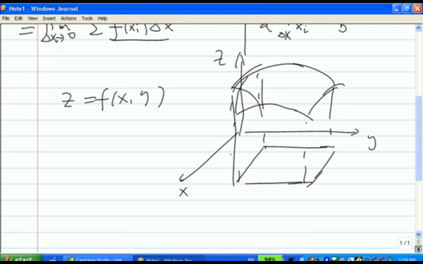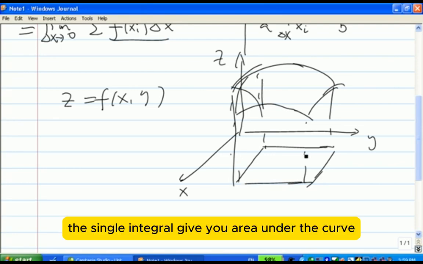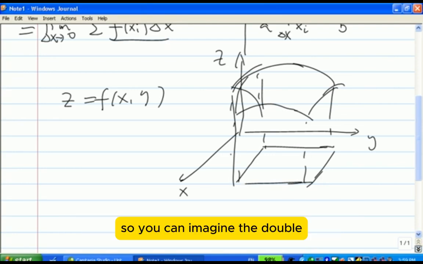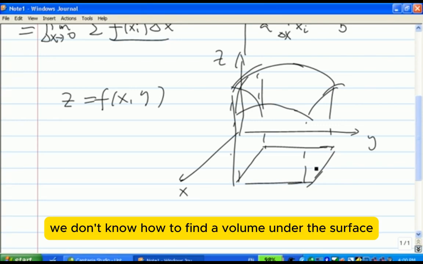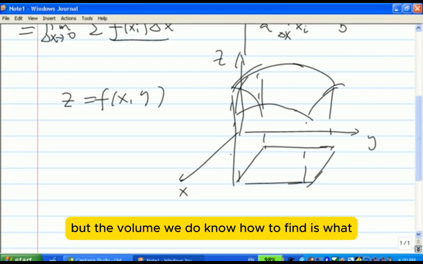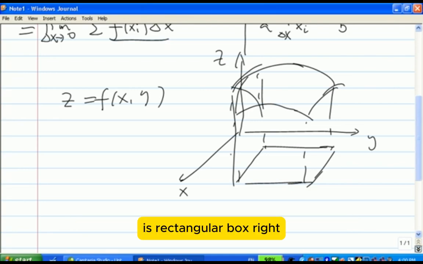Now, the single integral gives you the area under the curve. So you can imagine for the double integral, what do we want to find? The volume under this surface. How do we do that? That's a very similar question. We don't know how to find a volume under a surface, but the volume we do know how to find is a rectangular box, right?